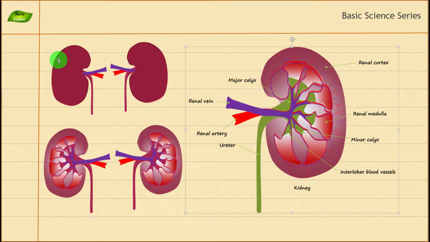Another important point here that I want to mention is that the kidney is very important for the balancing of the electrolyte concentration. It is important for the acid-base balance, and it is also important for toxin removal from our body. So our body is highly dependent on kidneys because they perform the function of removing the toxins from our system.